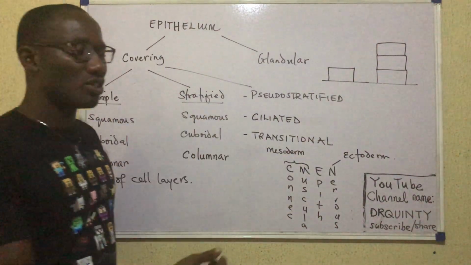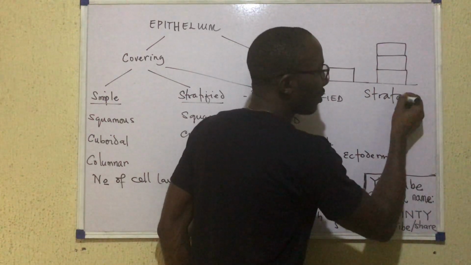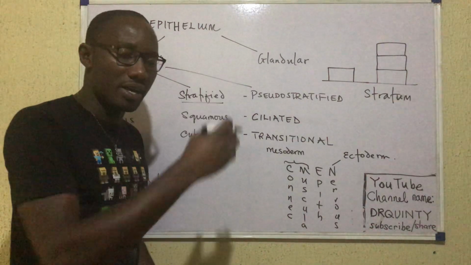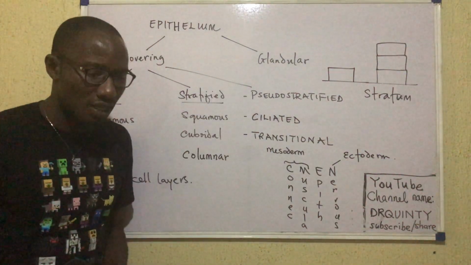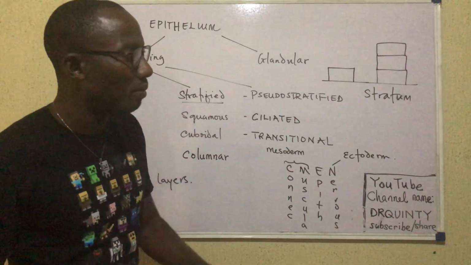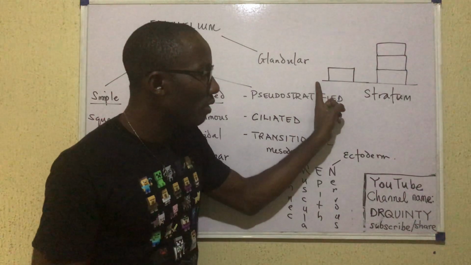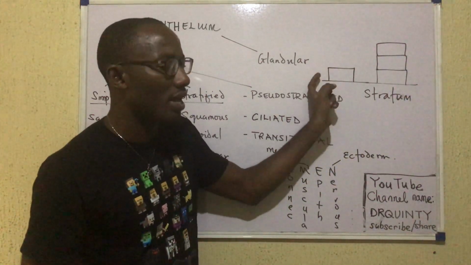After all, the word stratified appears to have been derived from the word strata or stratum. And what do we mean by stratum? Layers. So when you talk about stratified epithelium and simple epithelium, the difference is that in simple epithelium, while this is the basement membrane, you have only one layer of cells.